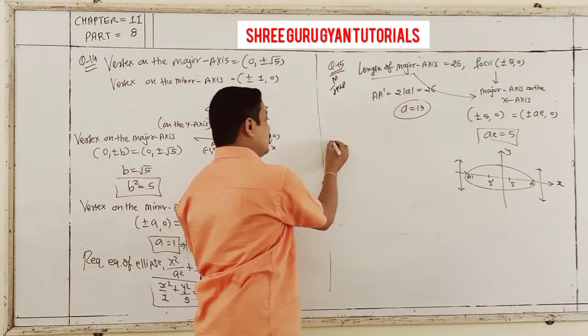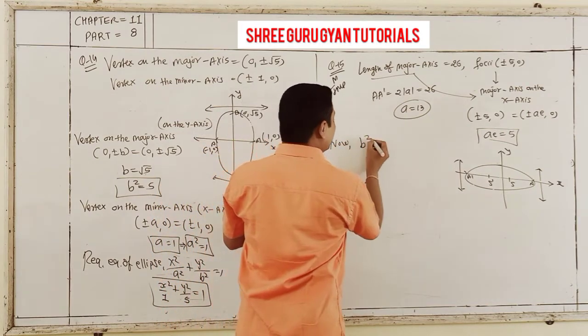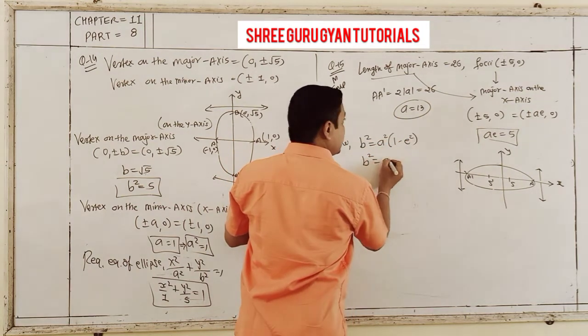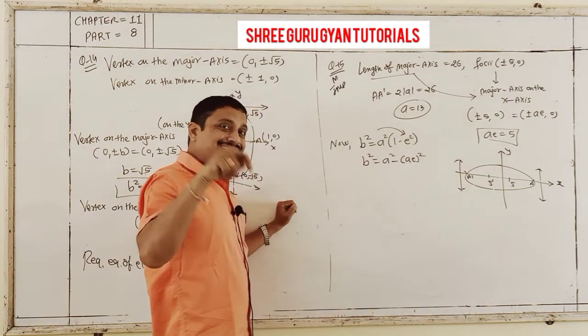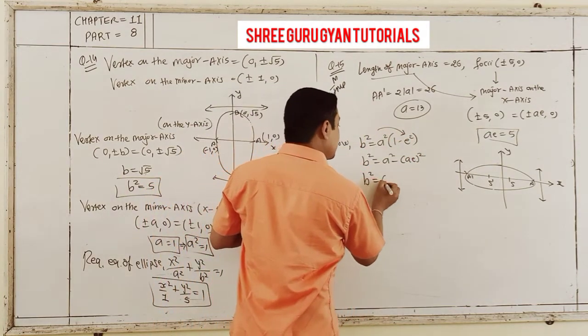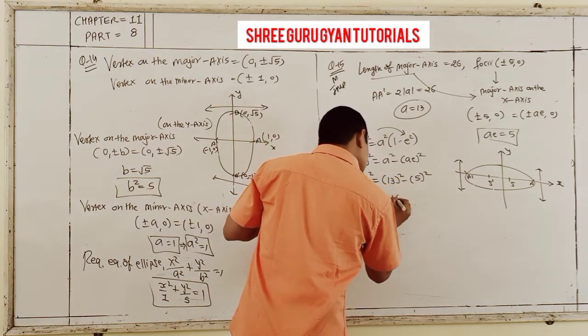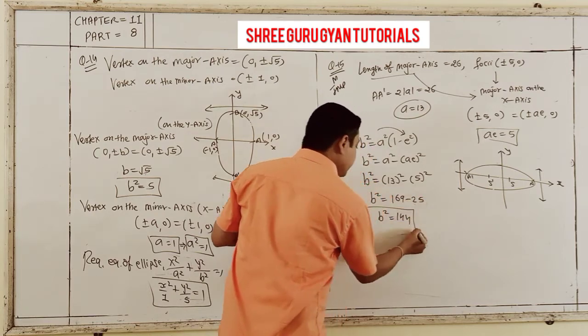Now formula number 3: b square is equal to a square into 1 minus e square, that is a square minus a square e square, just I multiply inside. Now what is a square? 13 square is 169, minus 25, which is 144.